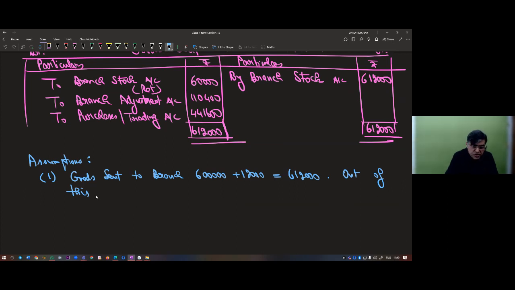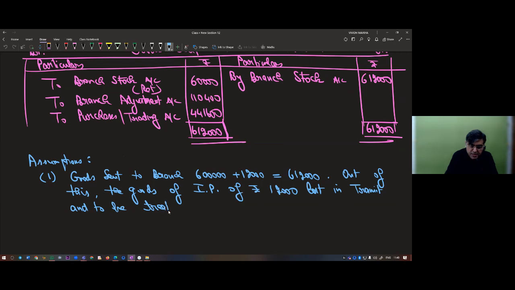Out of this, the goods of invoice value of rupees 12,000 lost in transit and to be treated as normal.